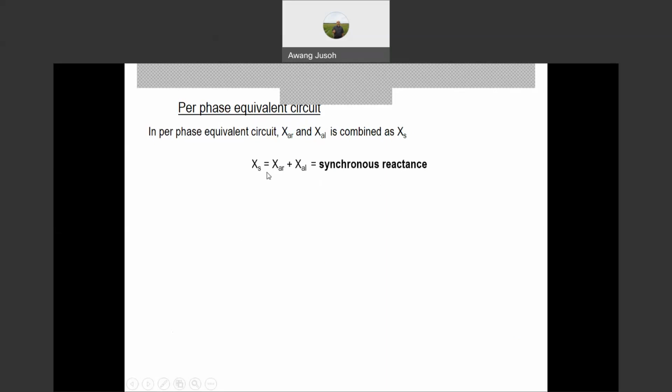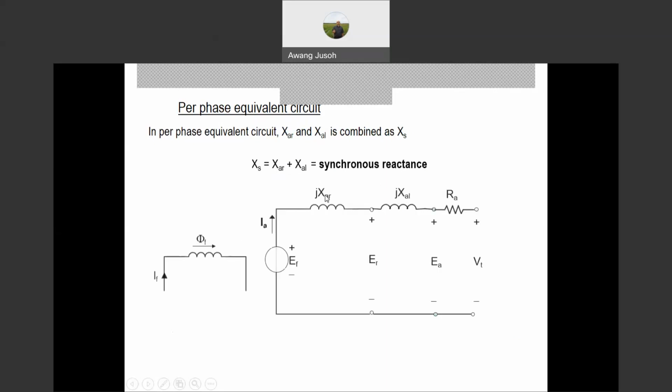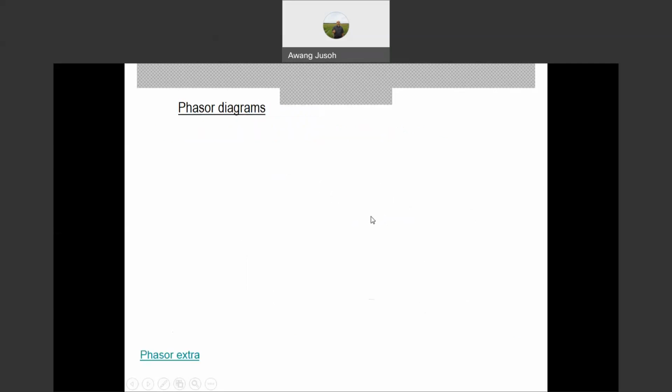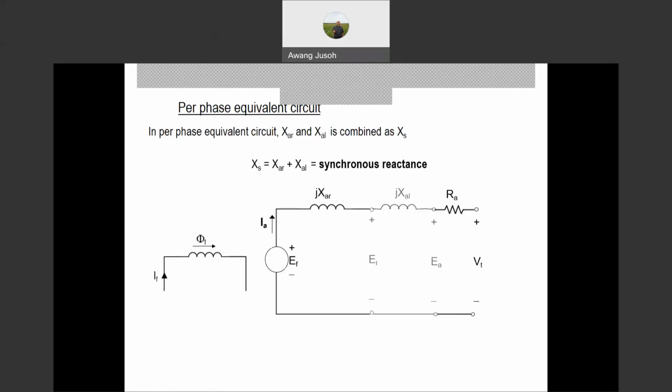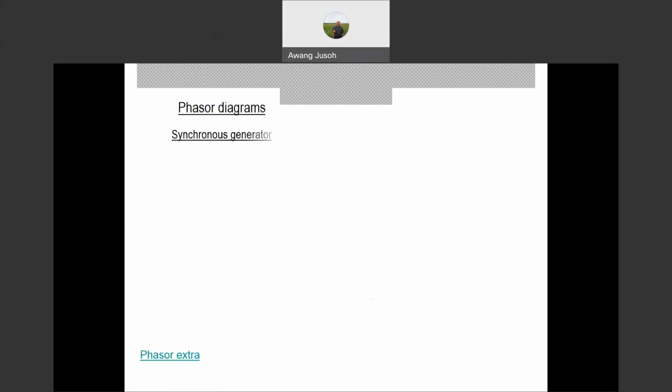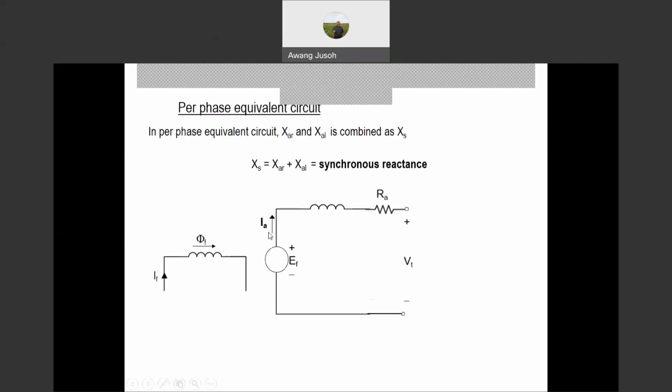So XS equals XAR plus XL, and we can combine these two. This becomes XS, in series with RA. Then it completes our circuit now. I must put this as jXS, and this is IA. This is our circuit for the synchronous machine.